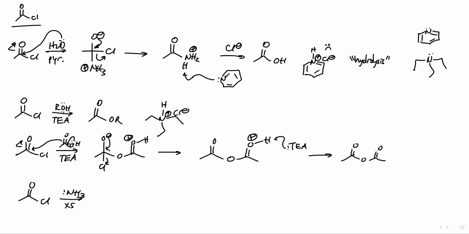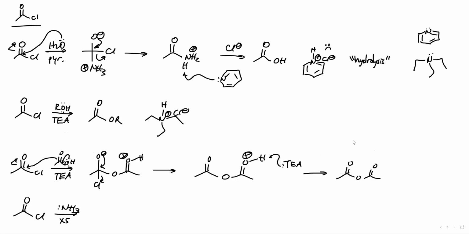Okay, so again, how the mechanism would look, just to help you guys out a little bit on that. And help myself, because in the past when I've made this video, I would get hand cramps very early on because of how much I was writing the same thing over and over again. Now, one thing I do want to make very clear is that primary and secondary amines also react.